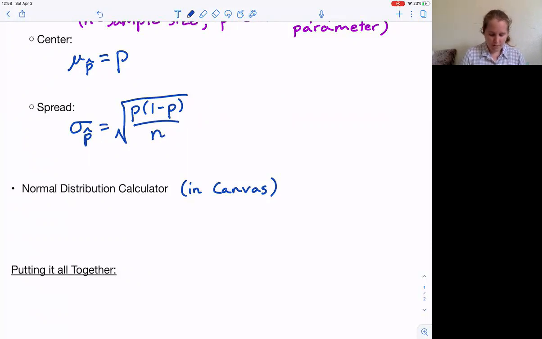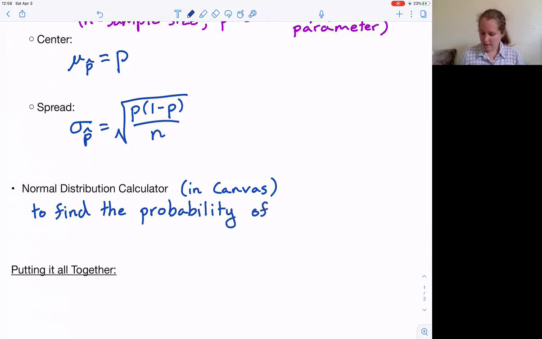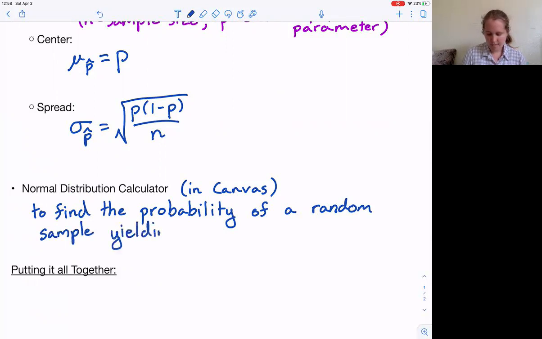So this is to find the probability of a random sample yielding p hat as extreme as ours.